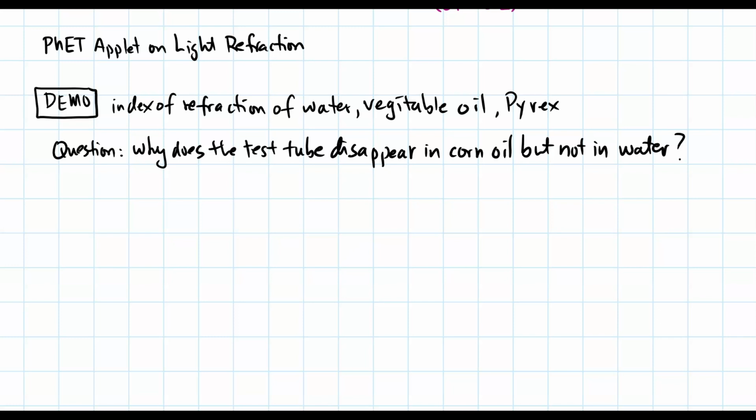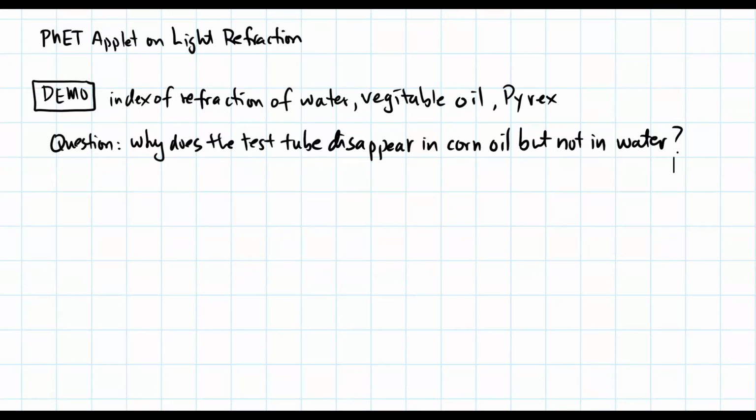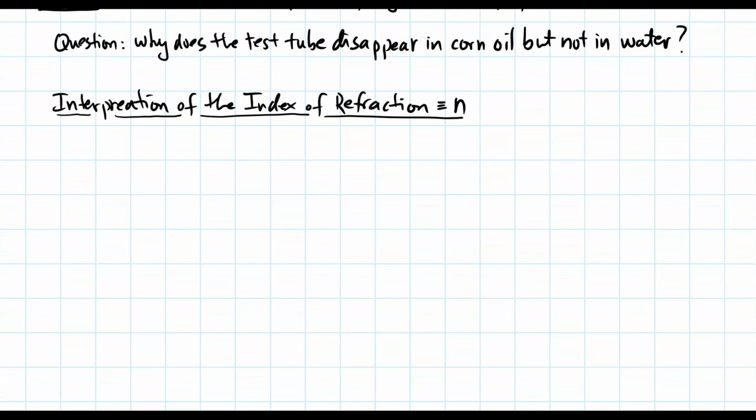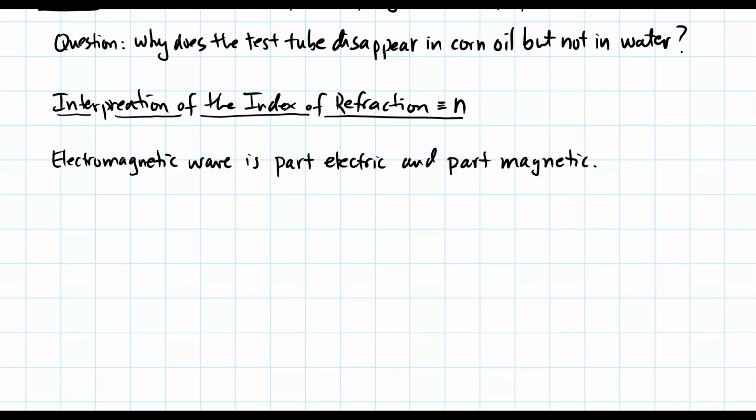The next thing we need to talk about in detail is the index of refraction. The refractive index of an optical material plays a central role in optics. We remember that a light wave is part electric and part magnetic.